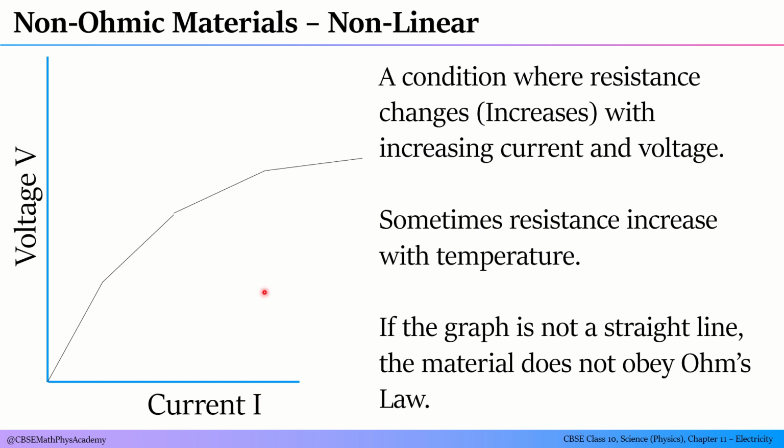And when the current is 3, again the resistance increases and the graph changes. Sometimes resistance increases with increase in temperature. So if the graph is not a straight line, it is called a non-ohmic material, which means it doesn't obey Ohm's law. If you are given a graph like this, you should understand that it pertains to non-ohmic materials.